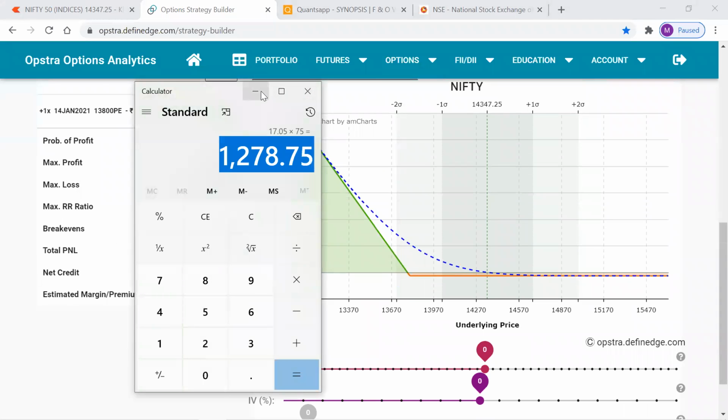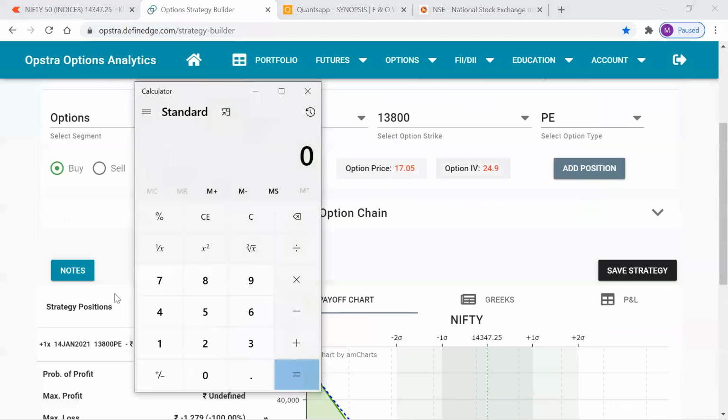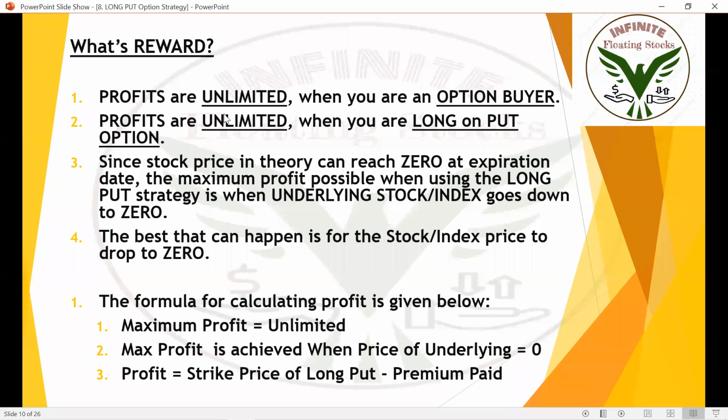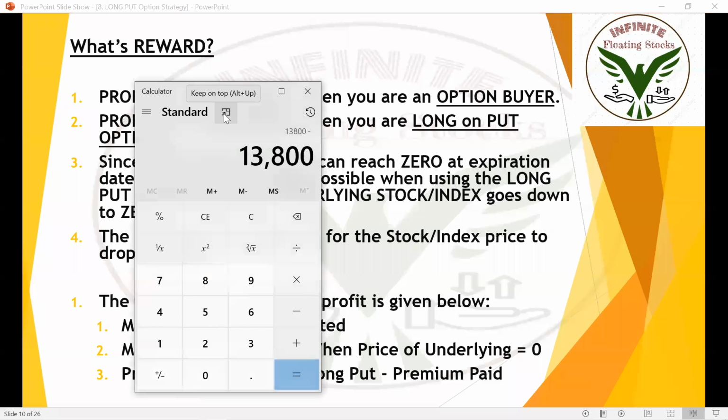What's the strike price of long put? Strike price of long put is 13,800. 13,800 is the strike which I have chosen to go long PE buy. So 13,800 is the strike that we have chosen to go long, minus premium paid, minus 17. What's the premium that we have paid?